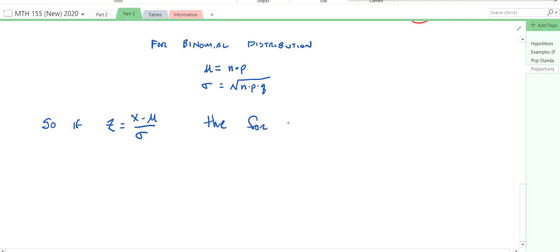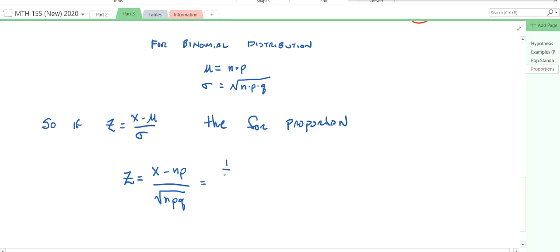Then for proportion, we already talked about this. Z with confidence intervals, z equals x minus np over square root of npq.